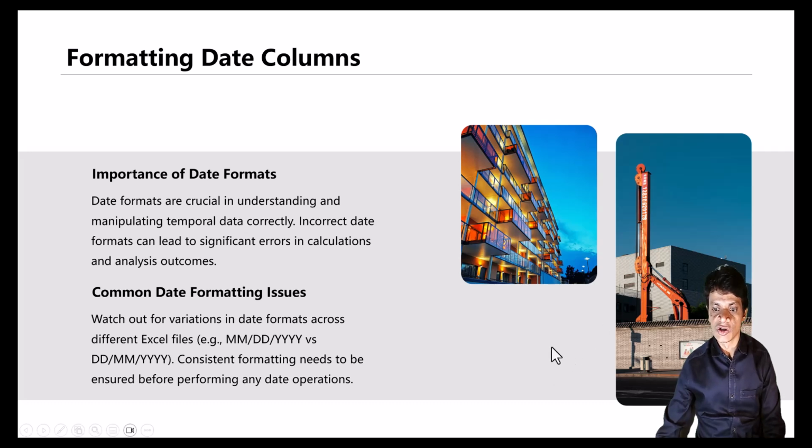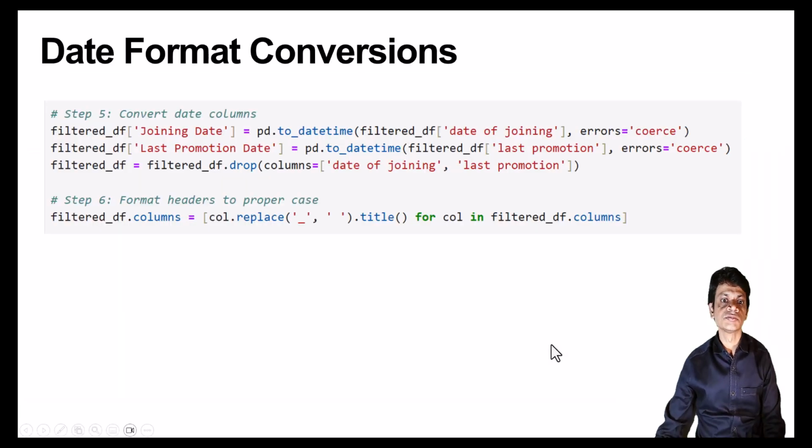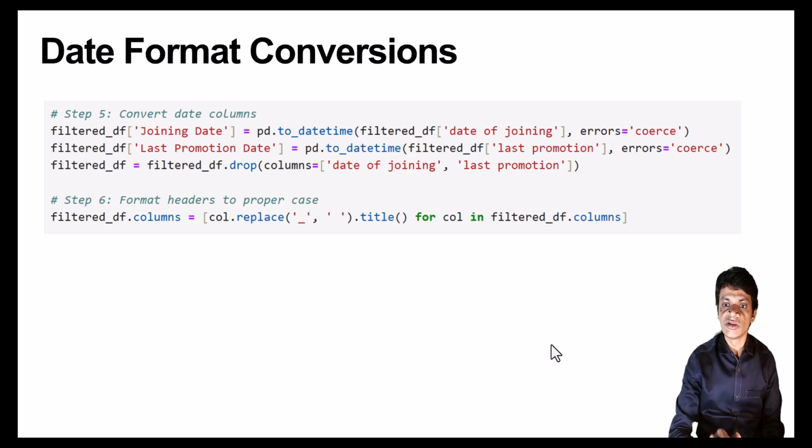Now let's dig into the code. Now see here, first the joining date. In the main source file, we have the date of joining column. Now I'm making it a proper format like joining date, so it can be easy to understand.